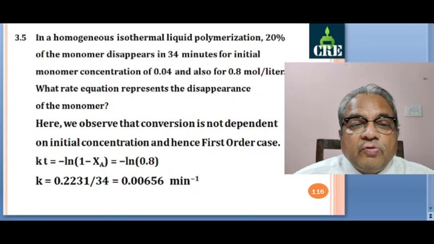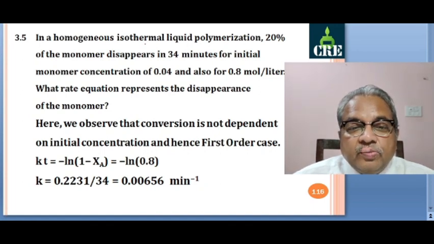Next problem 3.5. In a homogeneous isothermal liquid polymerization, 20% of the monomer disappears in 34 minutes. That means conversion is 20%, or XA is equal to 0.2 in 34 minutes, for initial monomer concentration of 0.04 and also for 0.8 moles per liter.